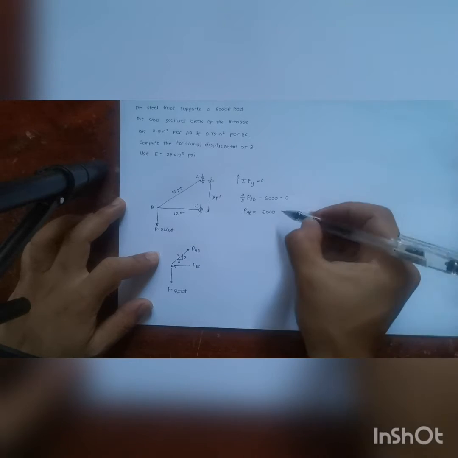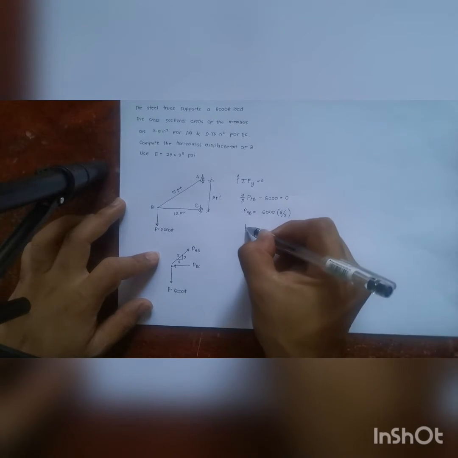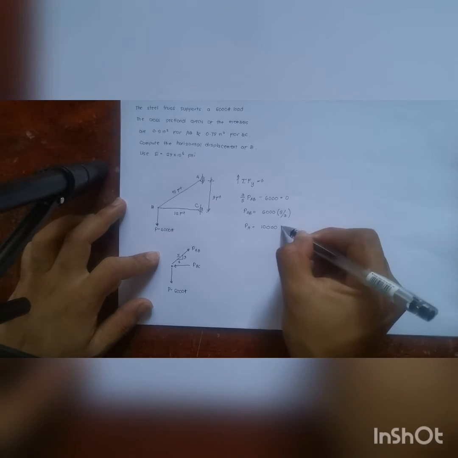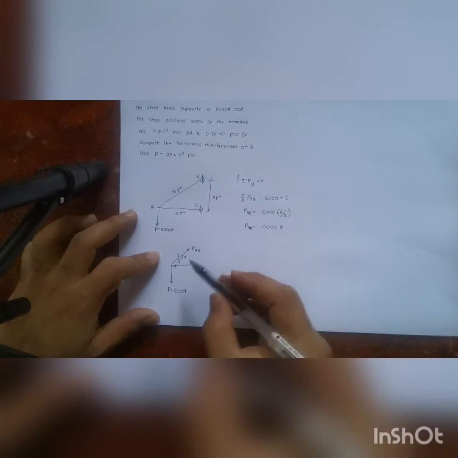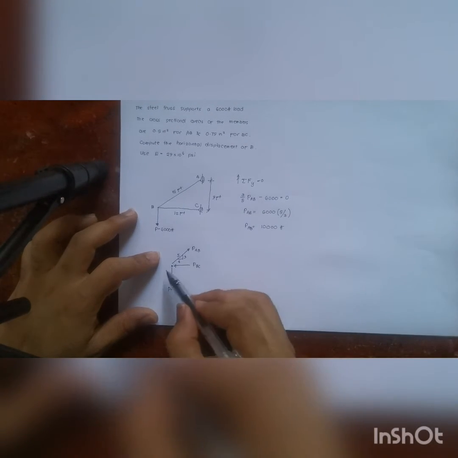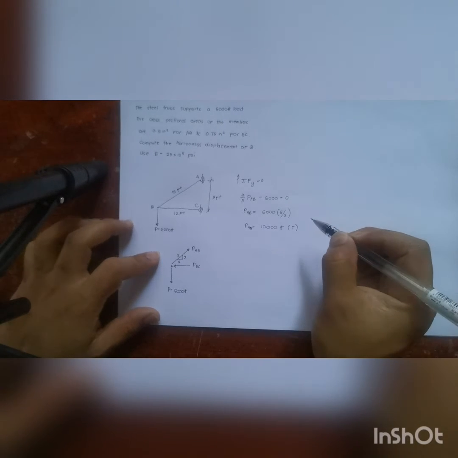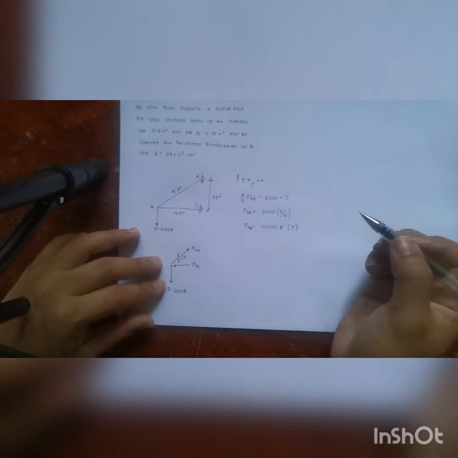Transpose nyo lang, cross multiply, times 5 divided by 3. So, member AB is positive 10,000 pounds. Since positive po inakuha natin for member AB, sabihin tama yung ating assumption ng kanyang direction, that it is a tensile force, or that is in tension.